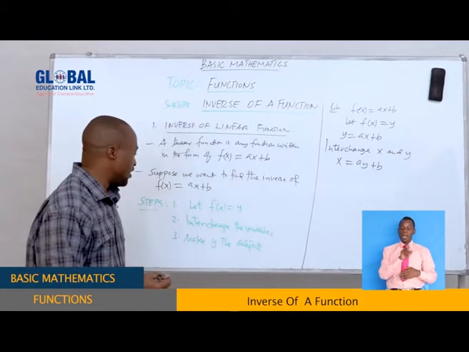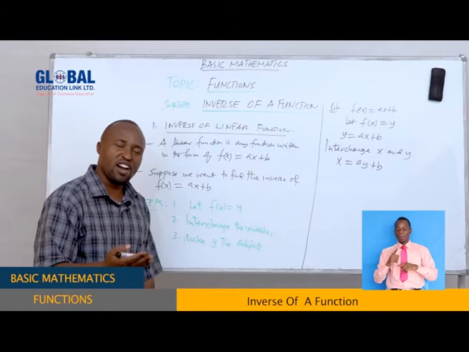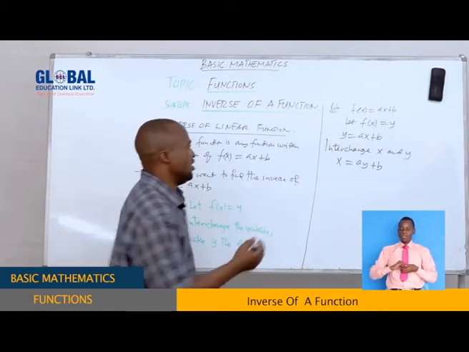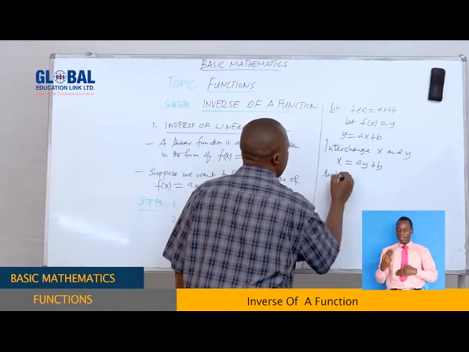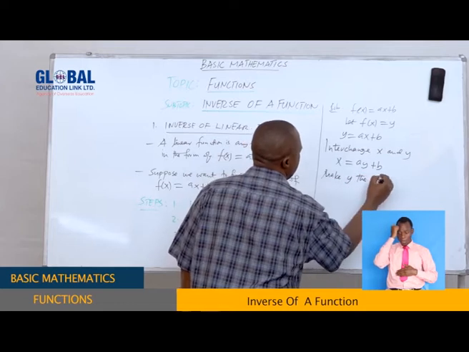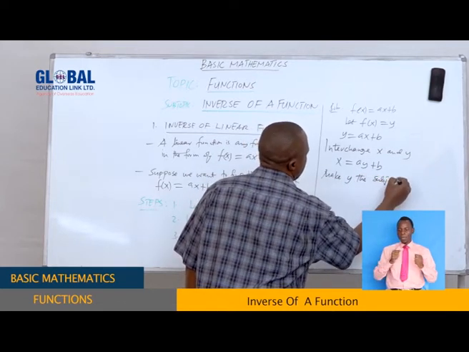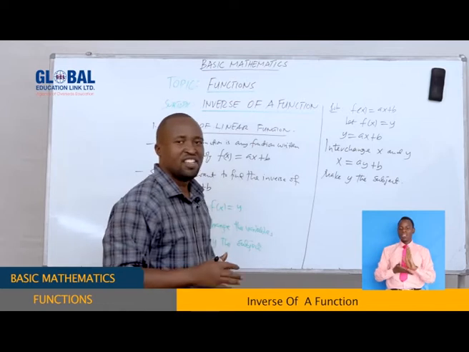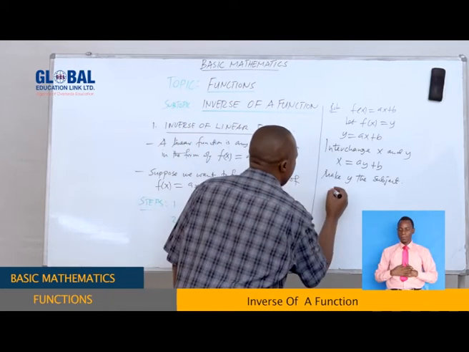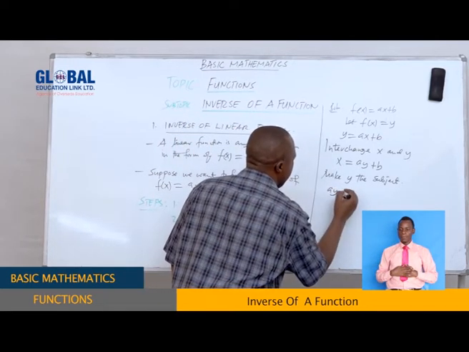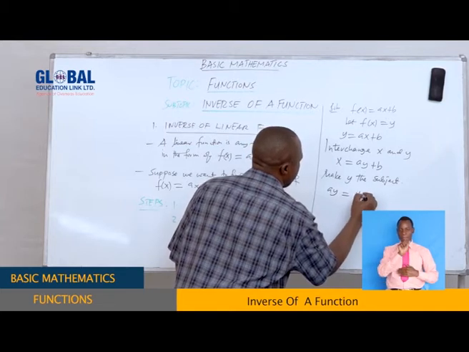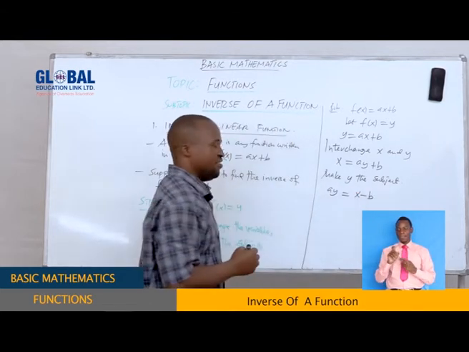Then again, remember the third step, that is make y the subject. So in this case, we have ay is equal to x minus b.